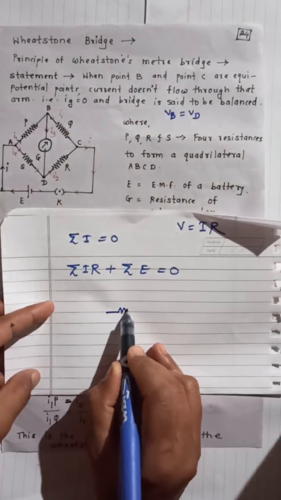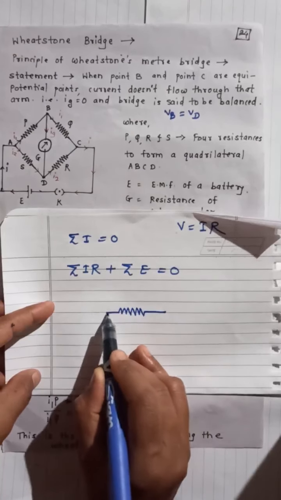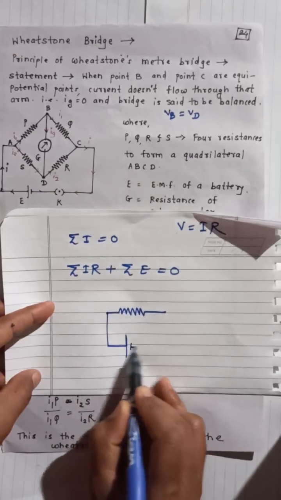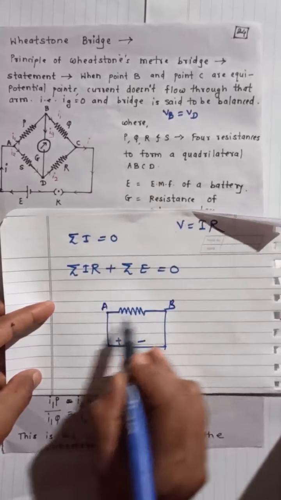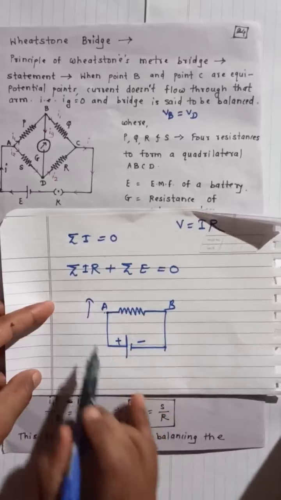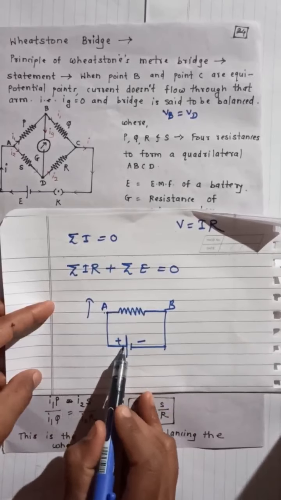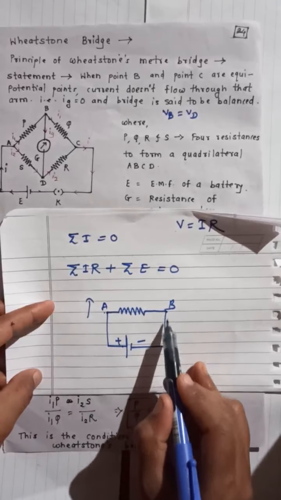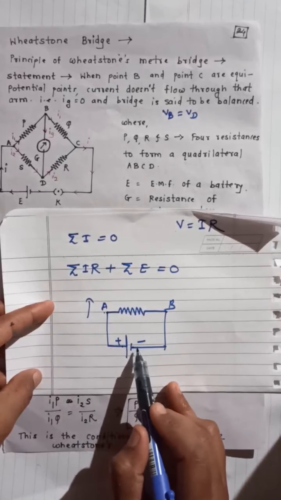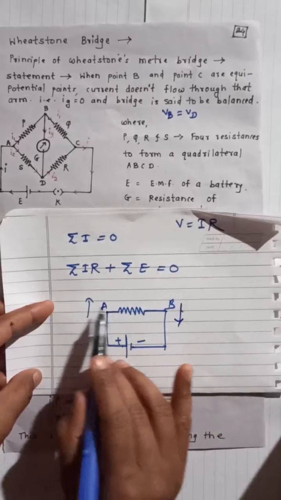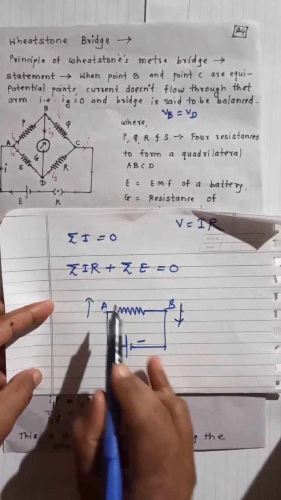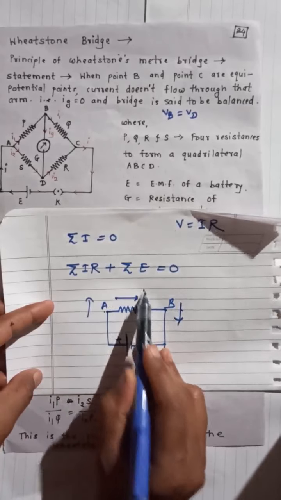For example, if this is a resistor connected across a supply, this point A is maintained at higher potential because it is connected to the positive terminal of a battery, and this point B is at lower potential because it is connected to the negative terminal of a battery. If there is a potential difference between the 2 points, then current flows.